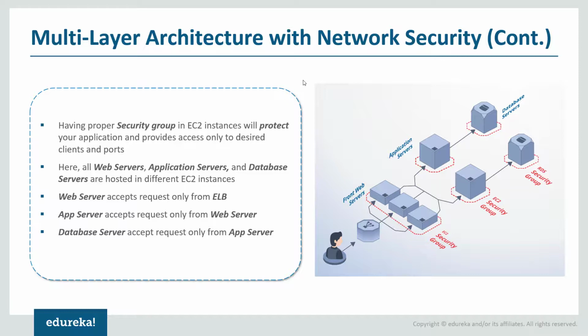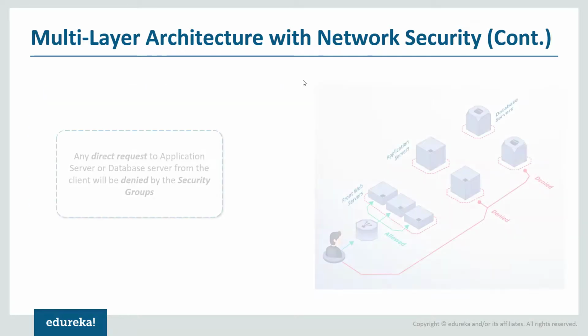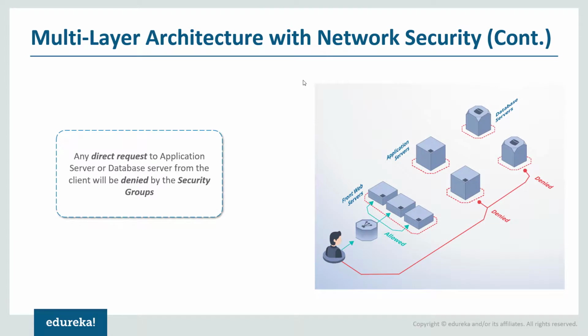You can draw a clear demarcation of which security group can access other security groups. With this, you can ensure that only you are allowed to access the front-end web servers, and if you try to access application servers or database servers, you will be denied. So this is how you implement a multi-layer architecture with network security options.